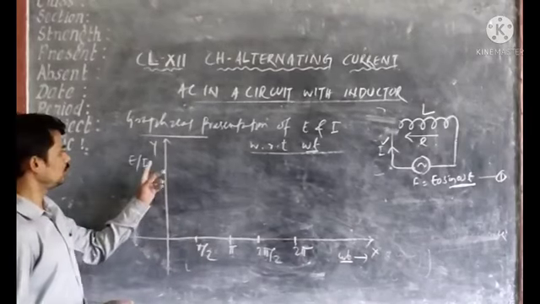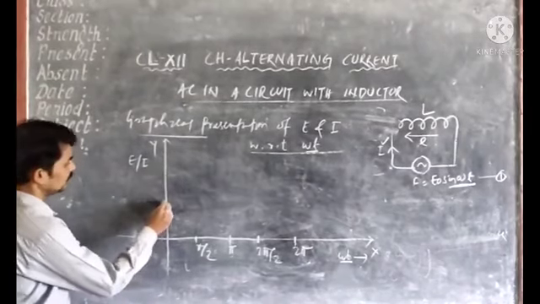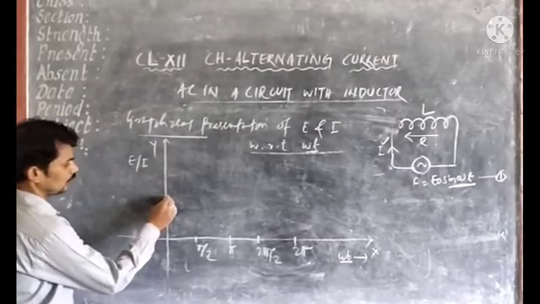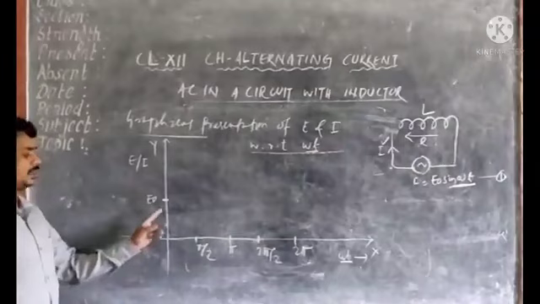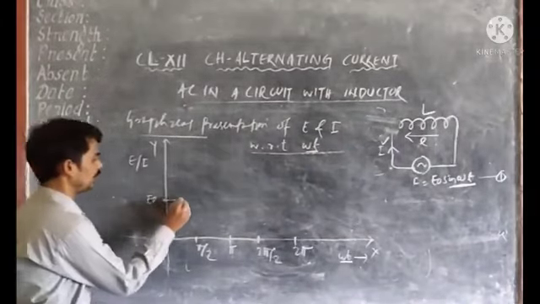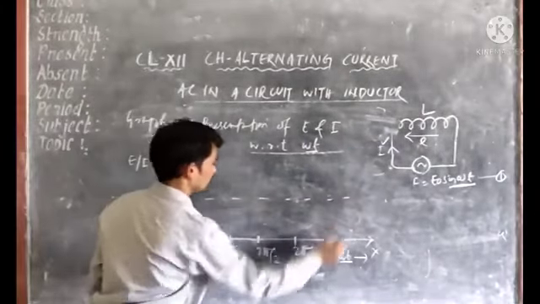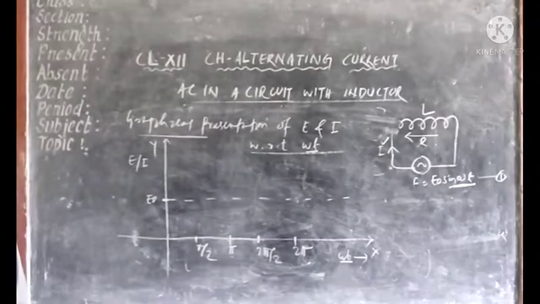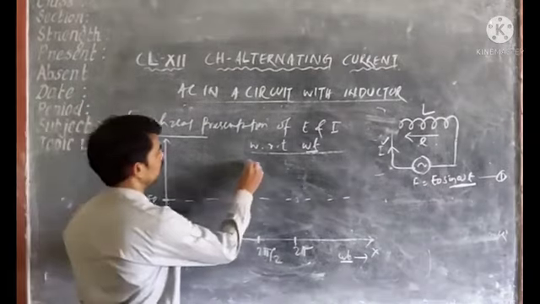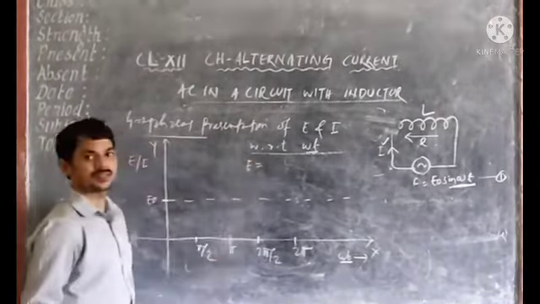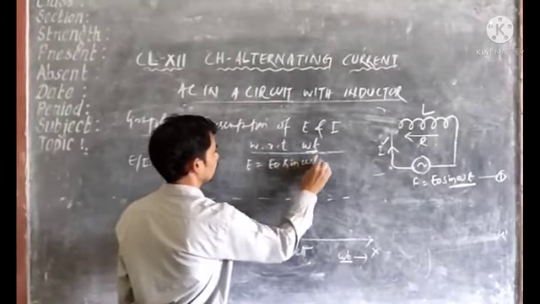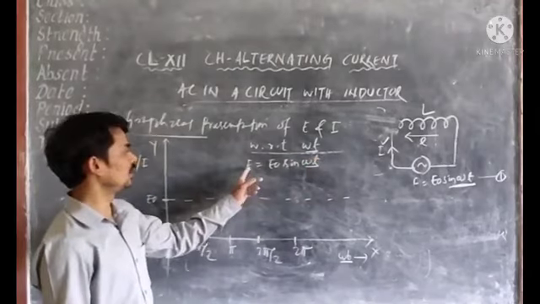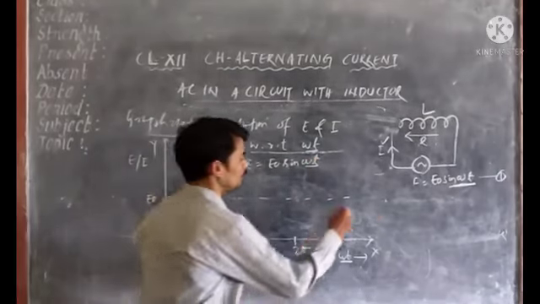Then on the y-axis, the maximum value of the EMF will be represented by this line. So now to represent the EMF, E is equal to E naught sin omega t. Let's represent the EMF and current in a tabular form.